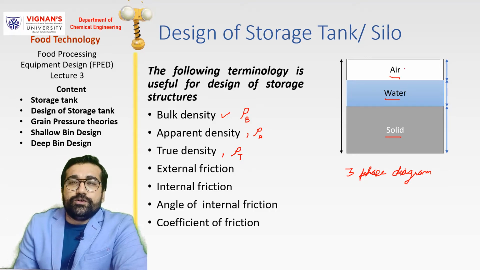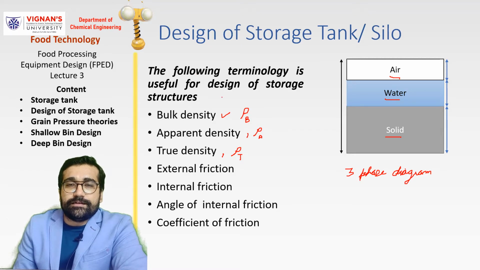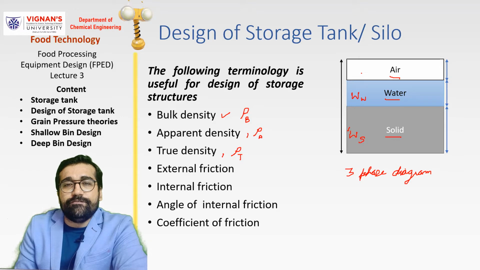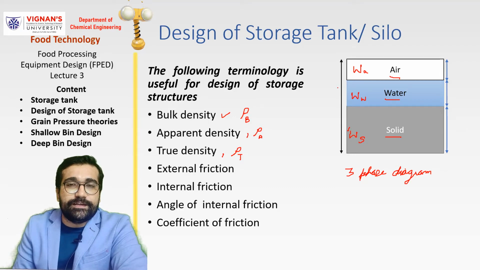This solid has some weight, which we denote as Ws for solid. For water, we denote it Ww, and Wa will be the weight of air, inside a matrix of material.